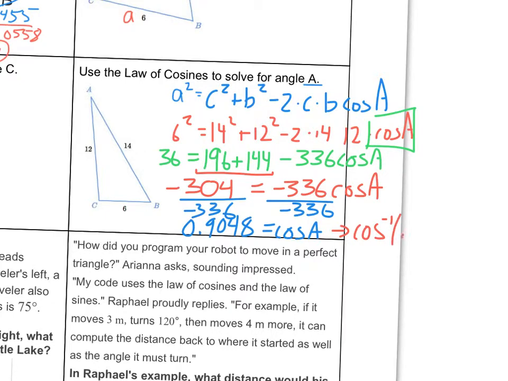We need the angle, so 0.9048 is on the inside. And when we do that, we get A. Again, you would not have gotten to this point as far as decimal without a calculator. So if we do arc cosine of 0.9048, we get A is equal to 25.2 degrees.